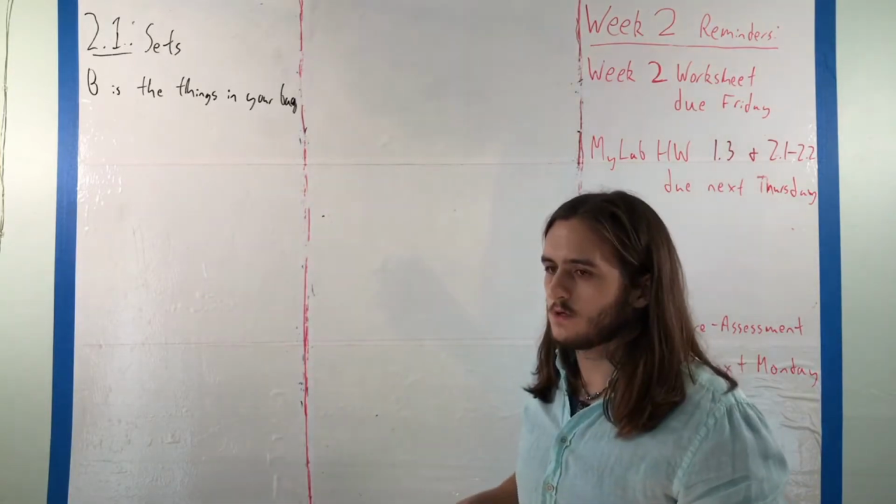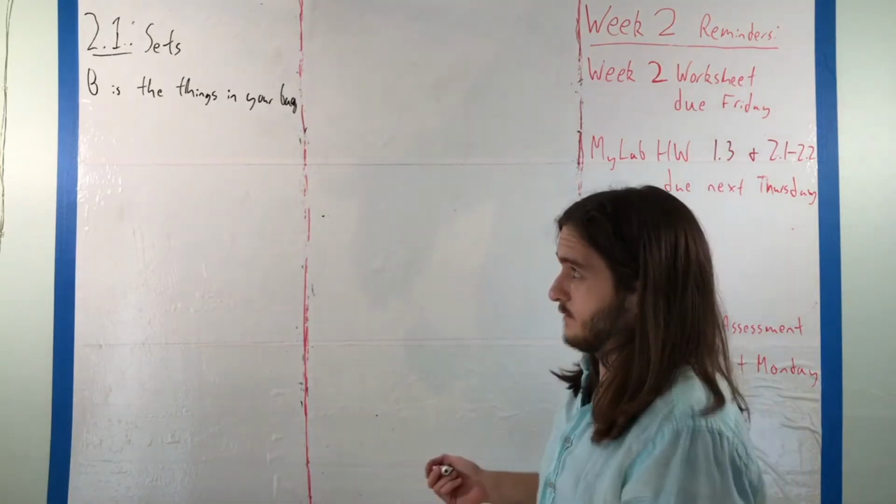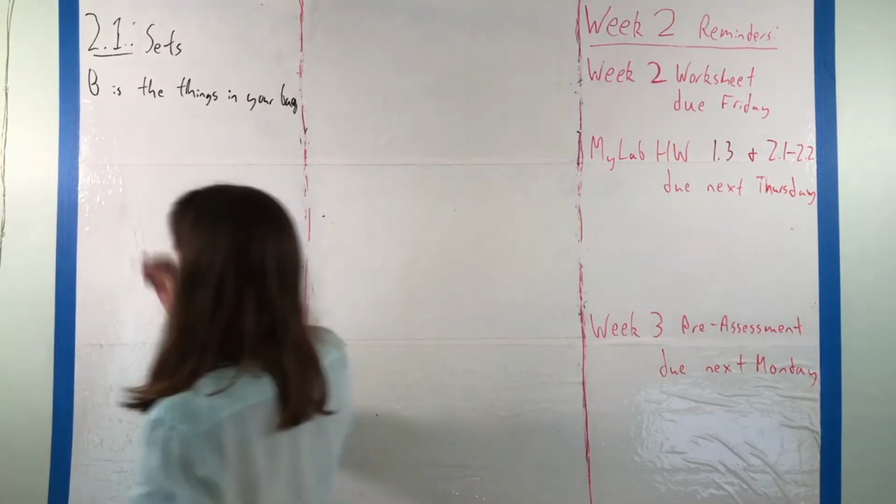And if I wanted to, I could list out the things that are in B just as well, right?